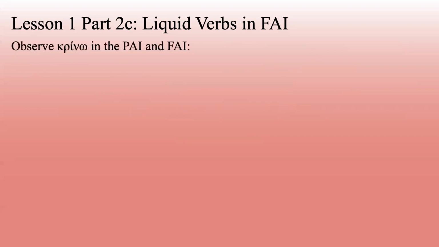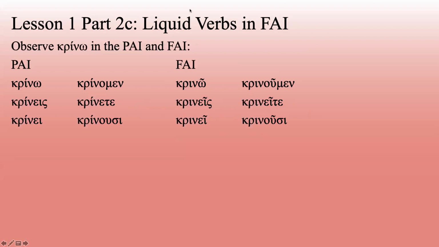So observe krino in the present active indicative and in the future active indicative. We've got krino, krineis, krinei, krinomen, krinete, krinousi. Here we have krino, krineis, krinei, krinoumen, krineite, krinousi. Now, you don't know the rules about accents, and it's not entirely helpful to know them at this point.